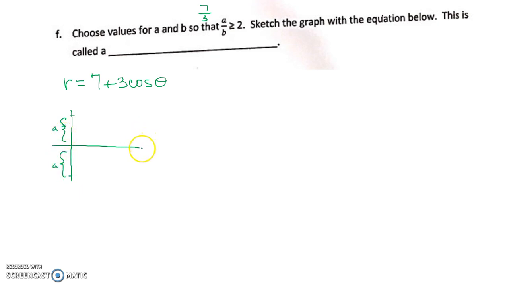You're going to be coming all the way over to 7 plus 3, which would be 10. And then you're going to be doing b minus a. So 3 minus 7 would be negative 4. So we're coming back to here. So it doesn't actually loop or dip or anything. It's just convex all the way around, kind of like an egg. And it is called a convex limacon. For all of these, if you look at my actual key, there's some better pictures for them.